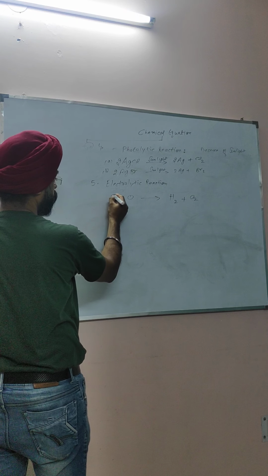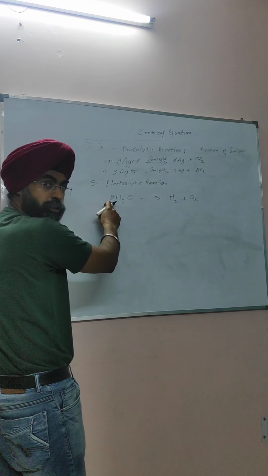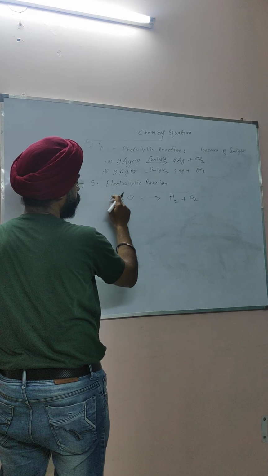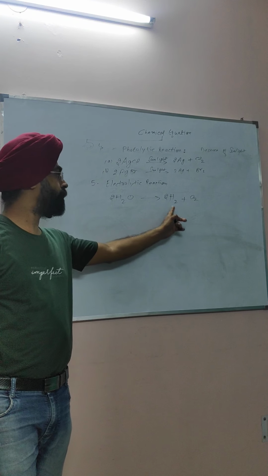We can balance it. Oxygen 2 atoms, so 2 is a coefficient, and hydrogen 2 atoms becomes hydrogen 4 atoms. So we have to put 2 as a coefficient on the product side of the hydrogen gas.